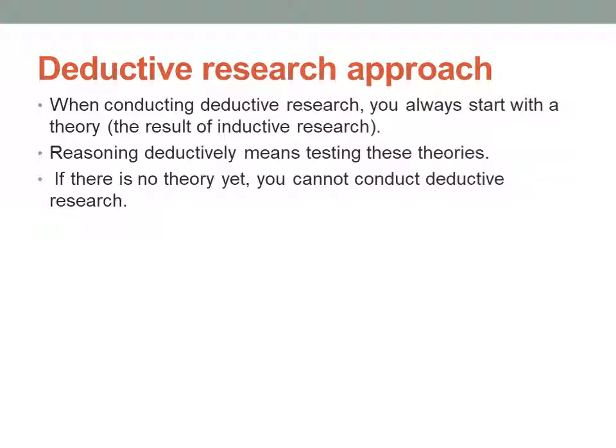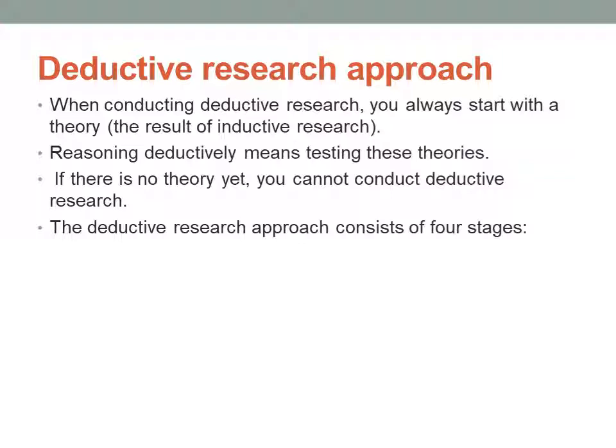In a hypothesis, you predict the solution based upon existing theories. If there is no theory yet, you cannot conduct a deductive research because you don't have a base in order to obtain a proper hypothesis.